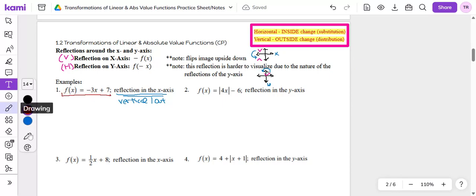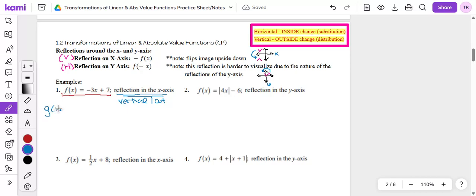All right, back to my thought process over here. I need a new function, g of x. Looking at the notes, it says that is a negative f of x. And that just means I'm going to negate the original function. I am going to take a negative, put it in front, and then distribute and simplify as needed.